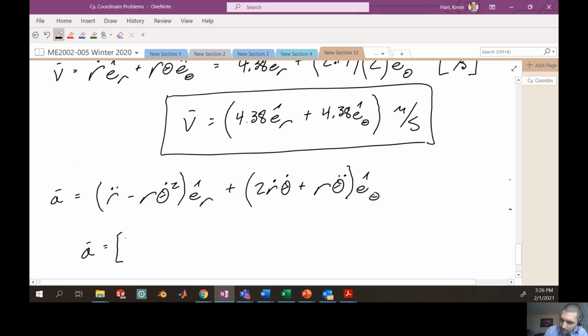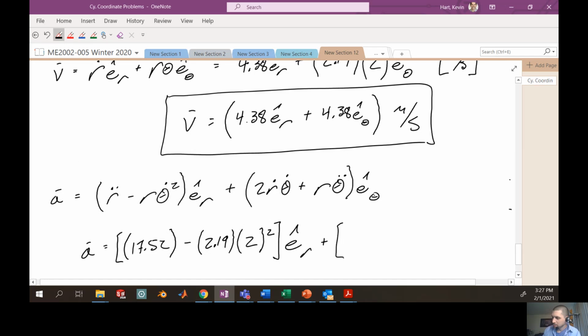So here, let's just plug everything in. R double dot calculated 17.52. Again, I'll drop my units, which is meters per second squared. We'll come back to that at the very end. Minus my position at this particular time, calculated 2.19, and my angular velocity at this time, just 2 radians per second, squared. All this in e hat r.